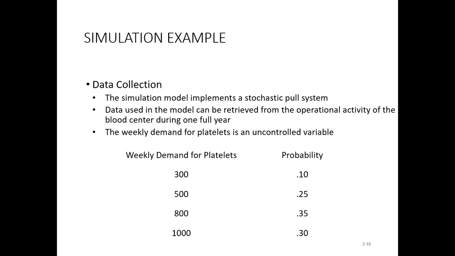Based on the last 1 year of data, this is what is calculated. Weekly demand for platelets of 300 units, probability is 10%. 500 units, probability is 25%. 800 units, probability is 35%. 1000 units, probability is 30%.